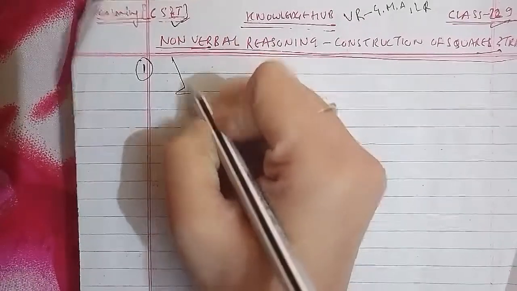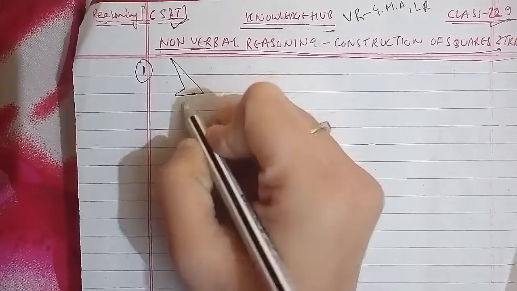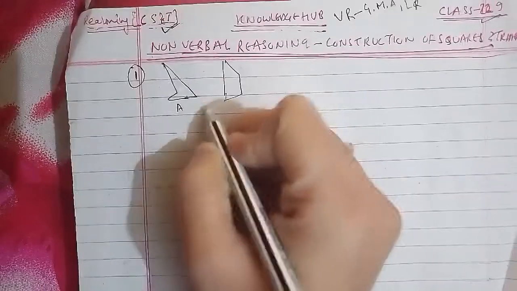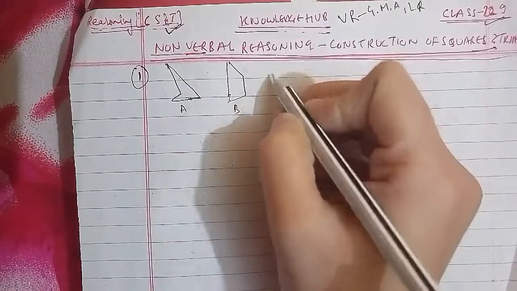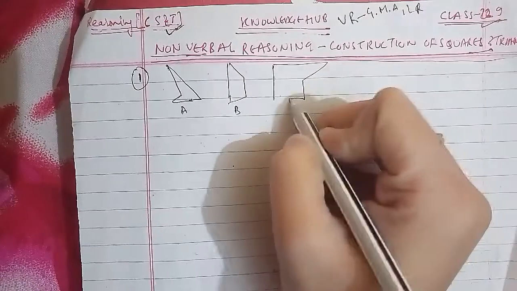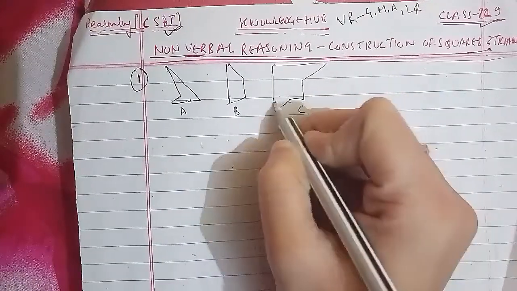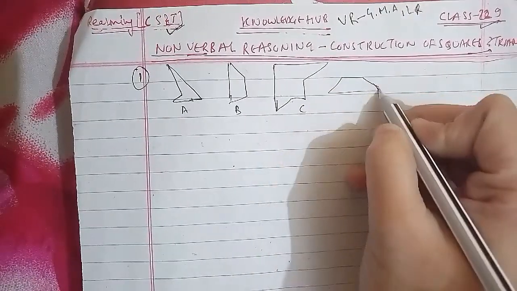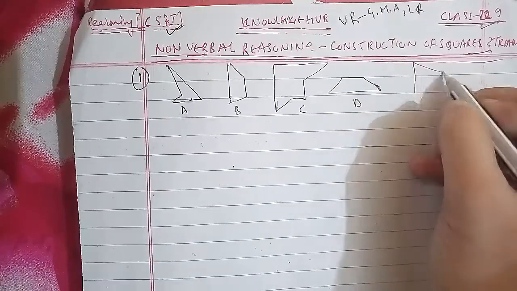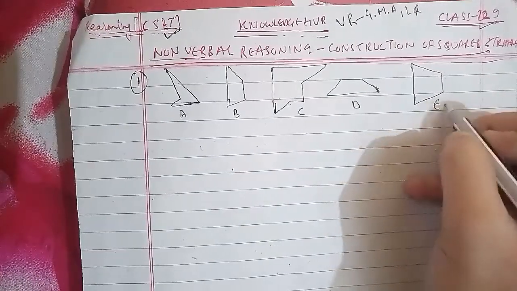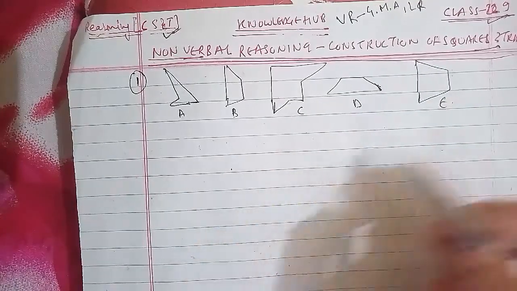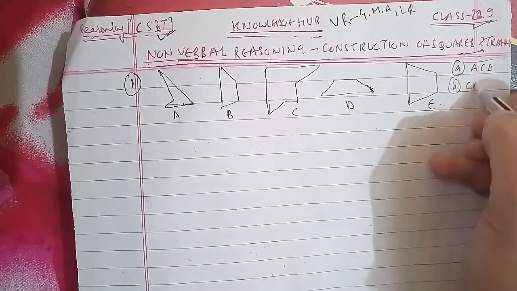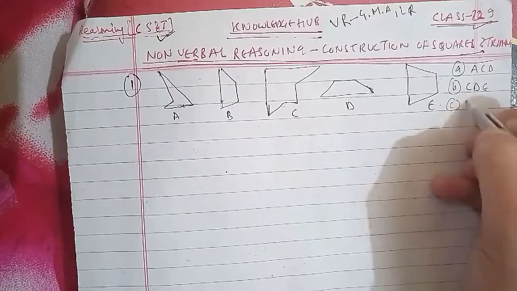This is figure A, this is figure B, figure C, figure D, and figure E. The options we have are: option A is ACD, option B is CDE, option C is BCD, and option D is ACE.